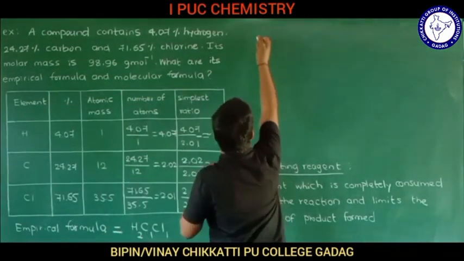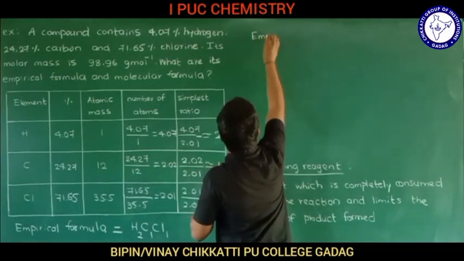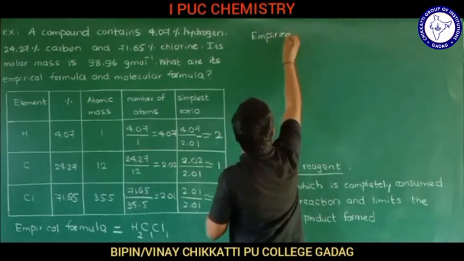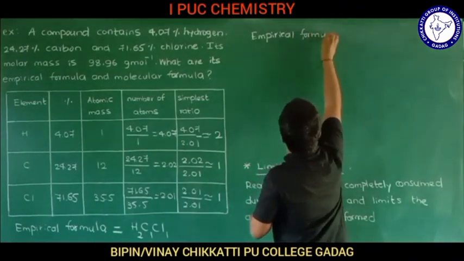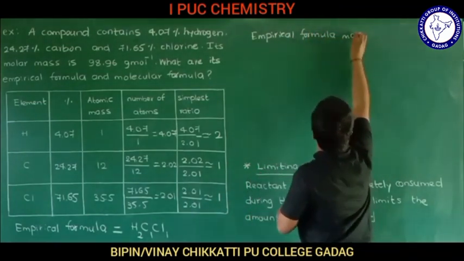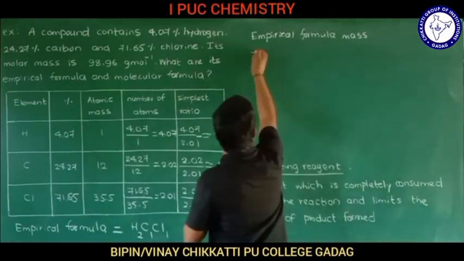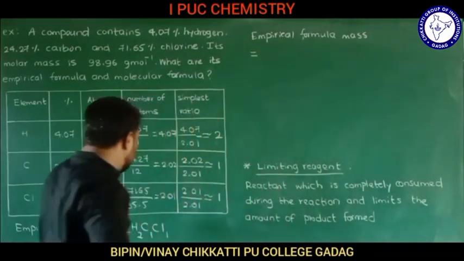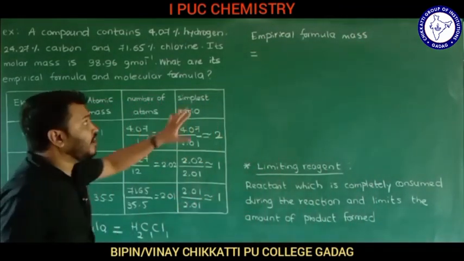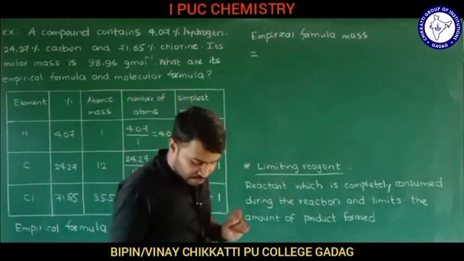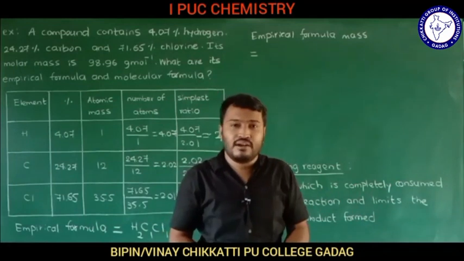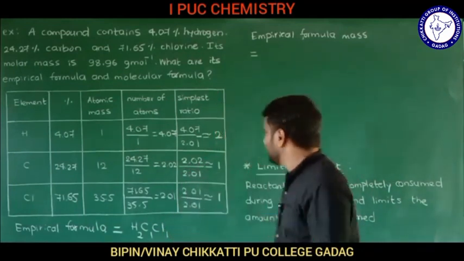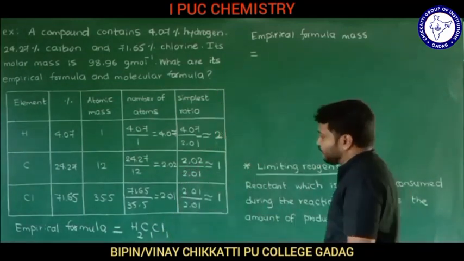So next I am going to calculate the empirical formula mass. This is the empirical formula and I am going to calculate the empirical formula mass. If we have a molecular formula, we can calculate the molecular mass. The same method we will use to calculate the empirical formula mass.